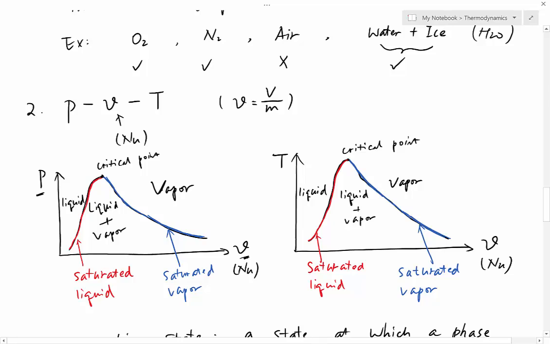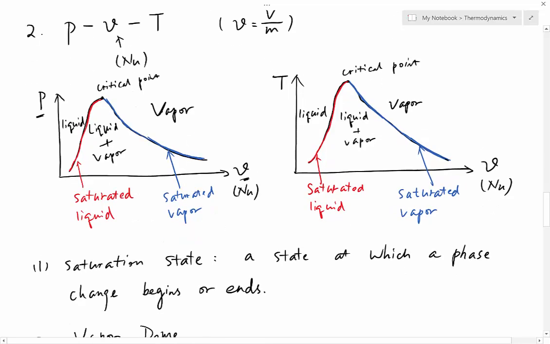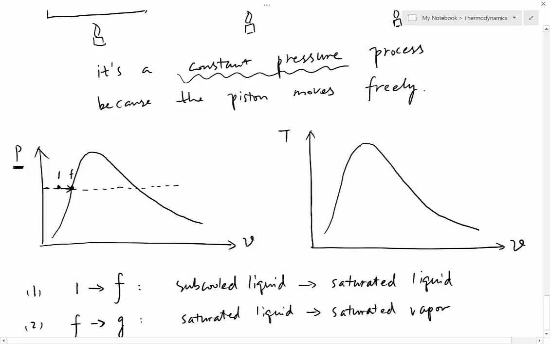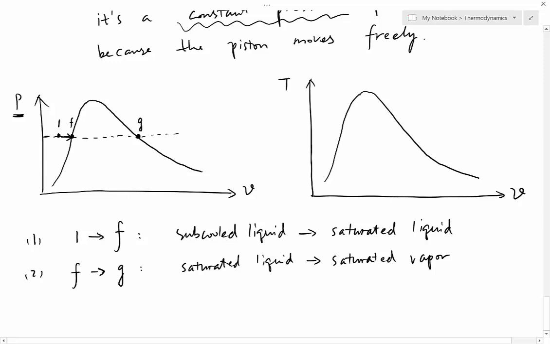So point G must be on the right half of the dome, and like I said, must be along this dashed line because it is a constant pressure line. So G point must be right on the right half of the dome and also on this dashed line. So F to G must be a straight line. Okay, so F to G.